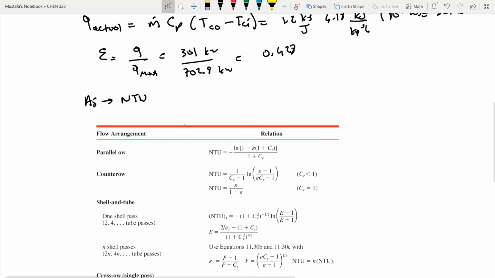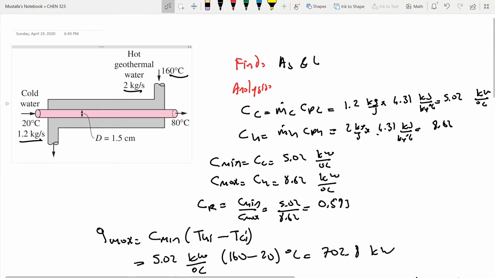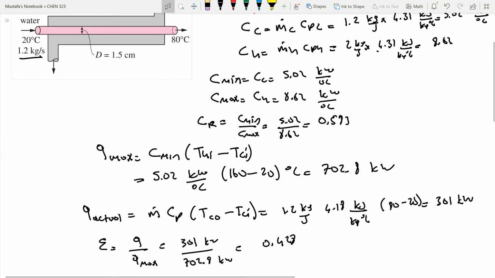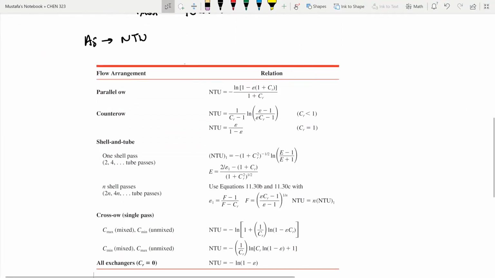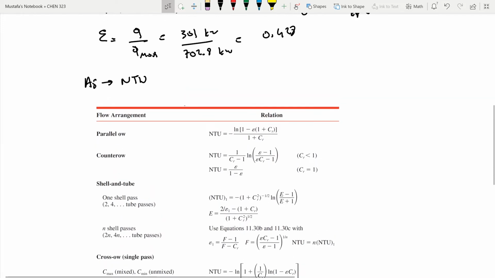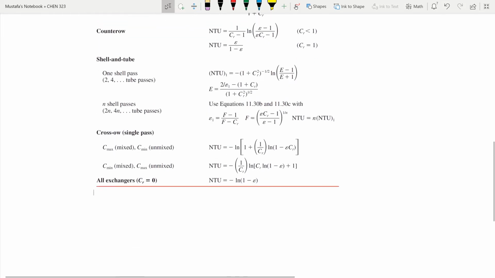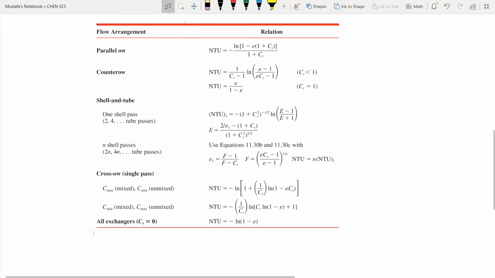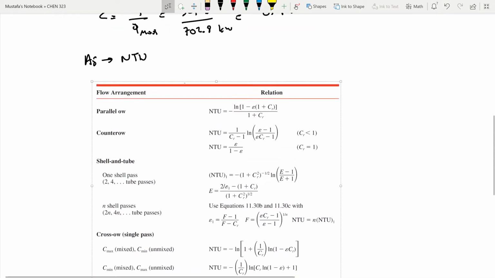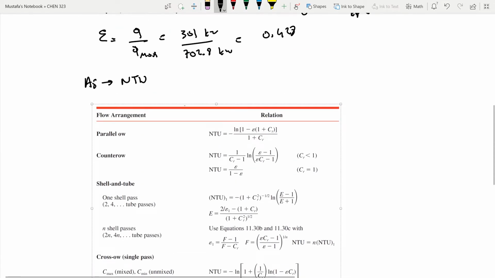The flow geometry is given: we have counter flow. So we'll use this equation for counter flow.